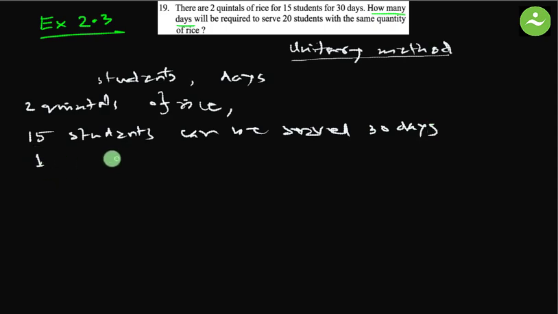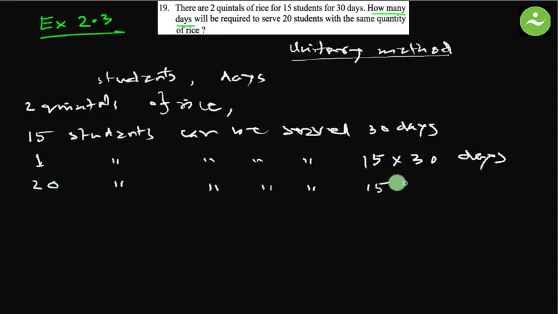One student can be served same amount of rice. One student can be served more days or less days? Definitely more days. So it will increase, means we multiply. So 15 multiply 30 days. We have to find out 20 students. For 20 students, then 20 students can be served. Now the number of days will decrease because more students will eat.